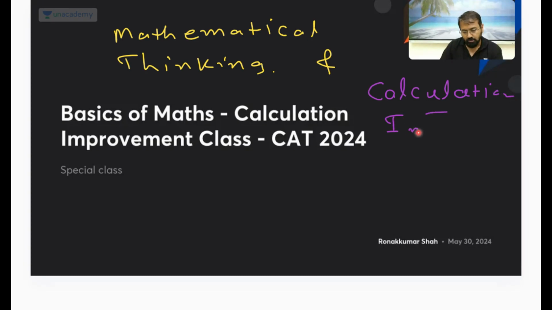Calculations improvement. So that's the agenda. This is the first session, and in case you feel that this is really a value addition, then we'll keep conducting such sessions in between.